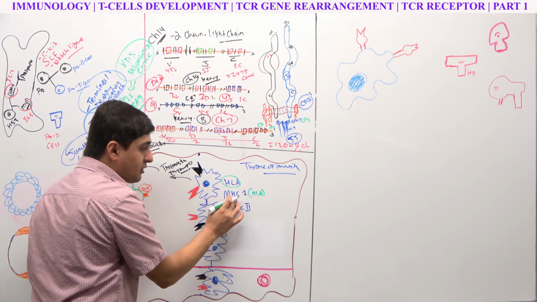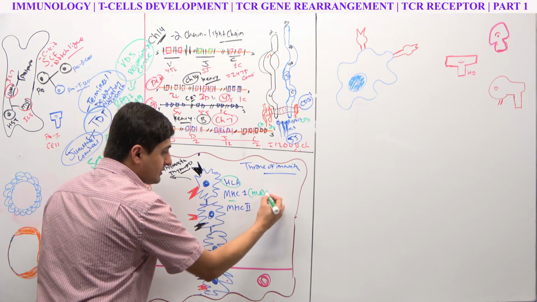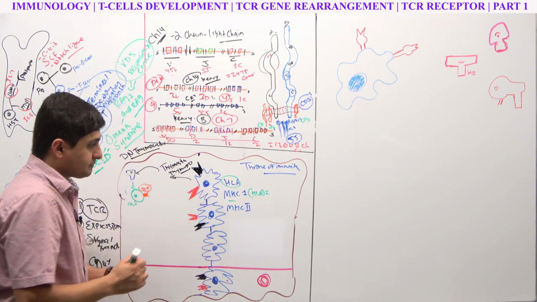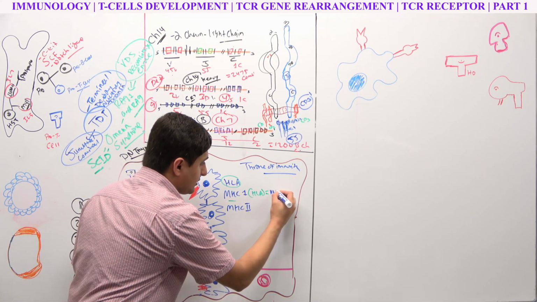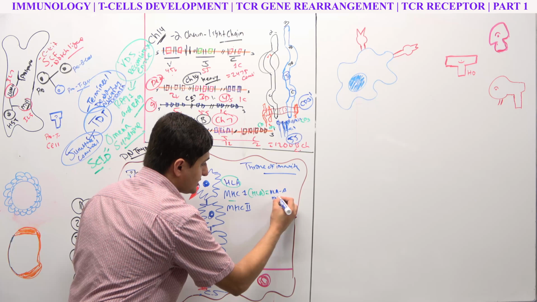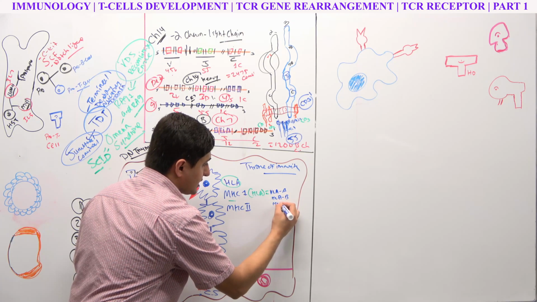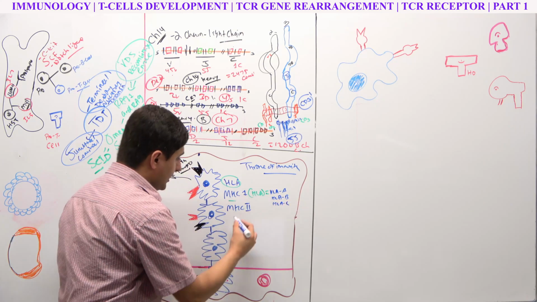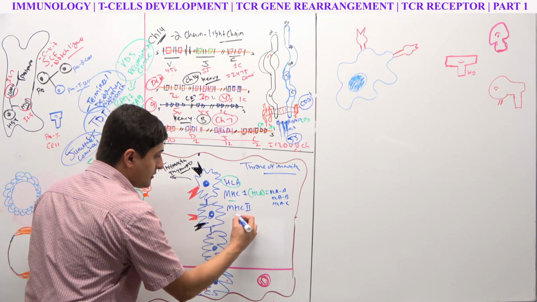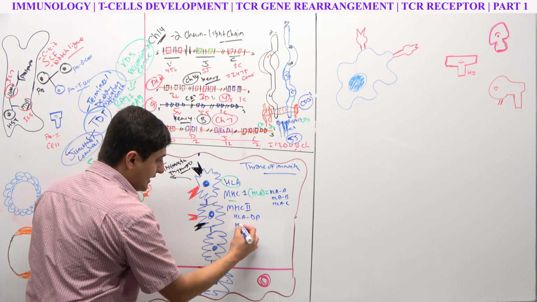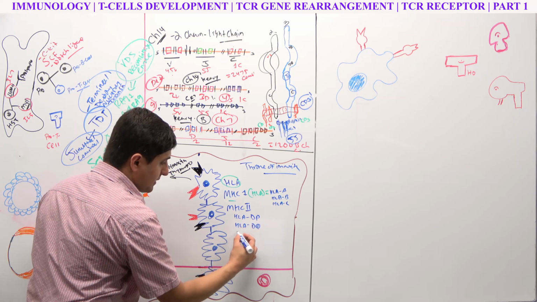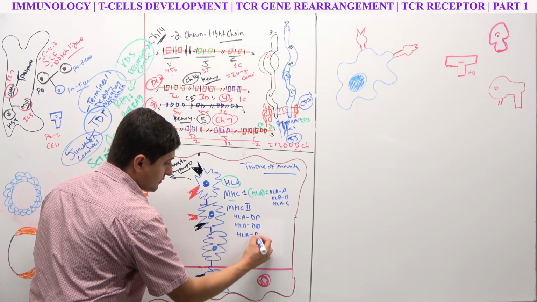If they belong to MHC1, we classify them as HLA-A, HLA-B, HLA-C. And if they belong to MHC2, we say HLA-DP, HLA-DQ, and HLA-DR.